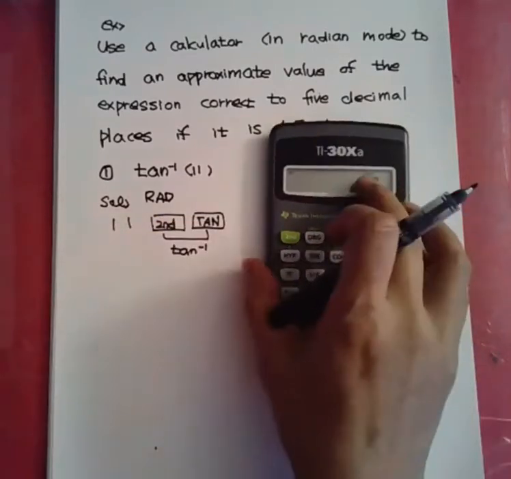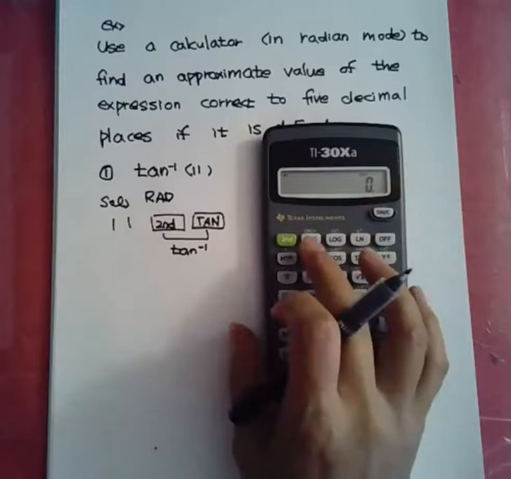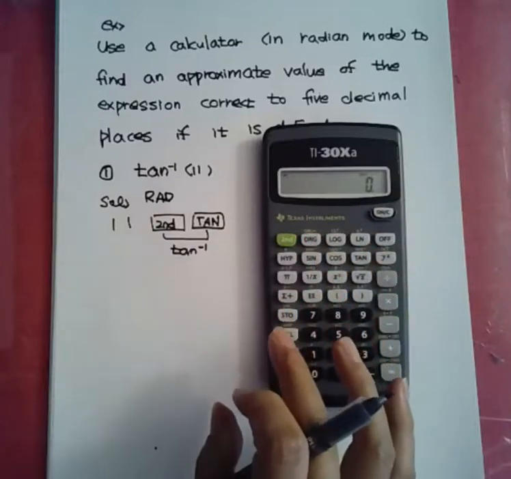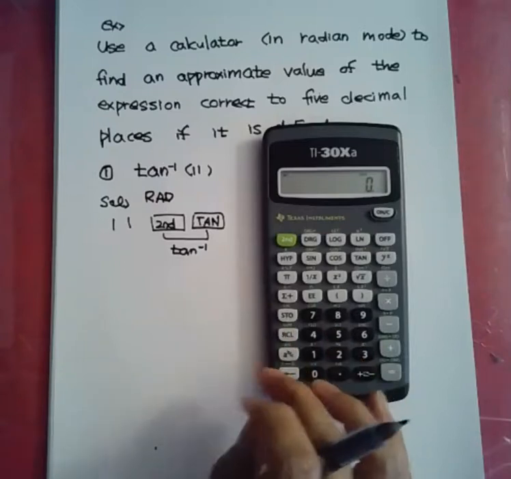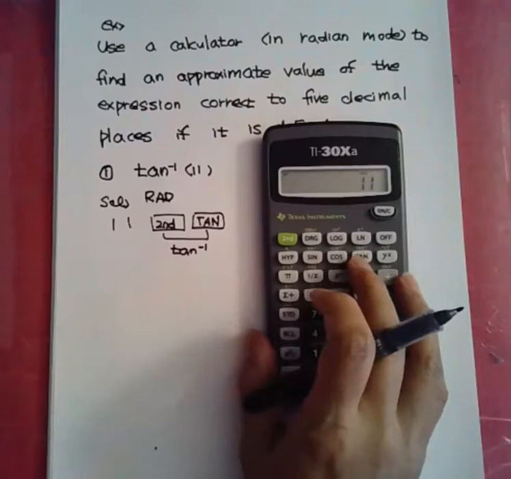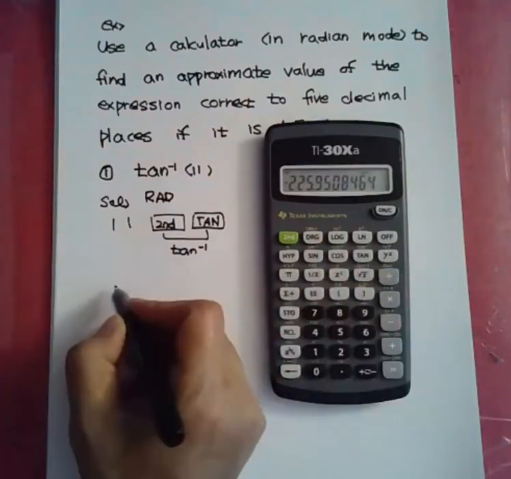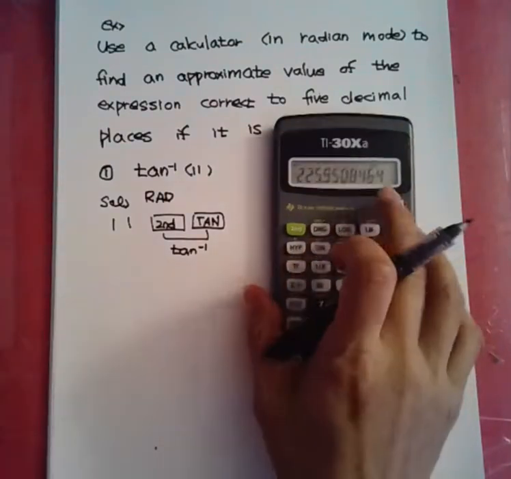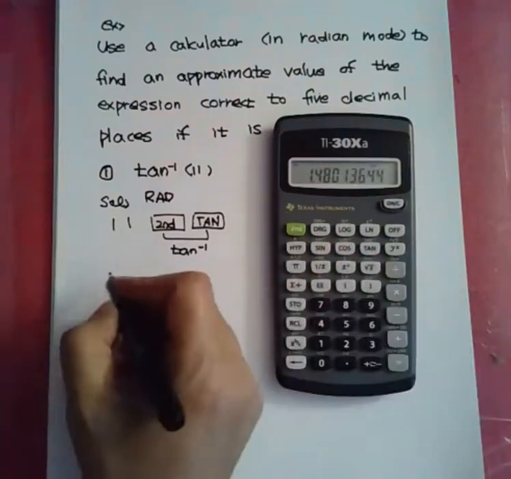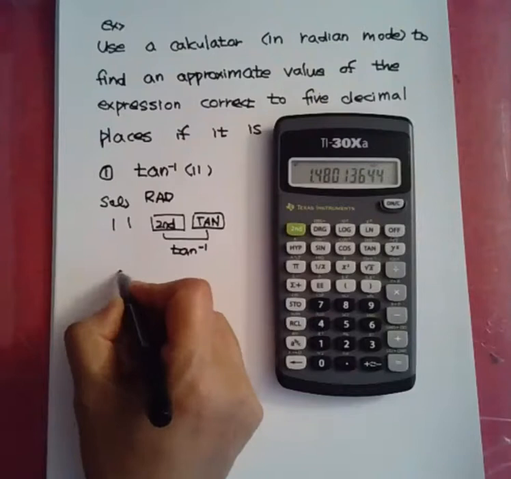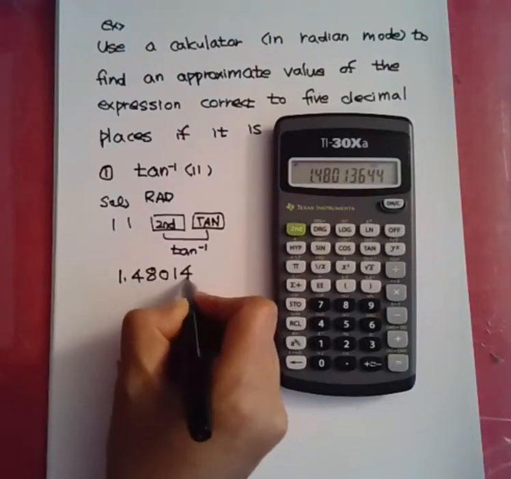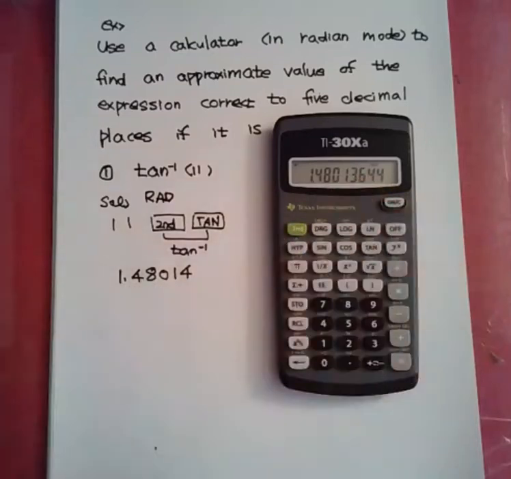Currently, that is in radian mode. Otherwise, you have to use the DRG button to change the mode. 11 and inverse tangent. So that becomes 1.48014 because 6 is greater than 5.